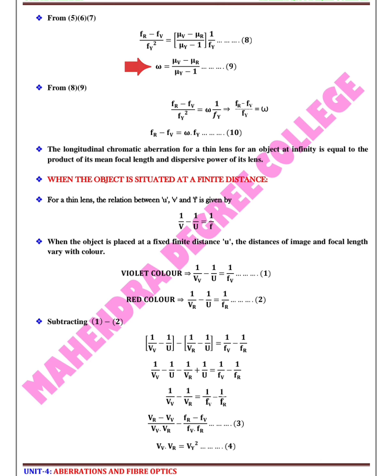This is a standard definition of dispersive power of the lens material: omega equals (mu v minus mu r) by (mu y minus 1). This is the equation number 9, where omega represents the dispersive power of the lens.